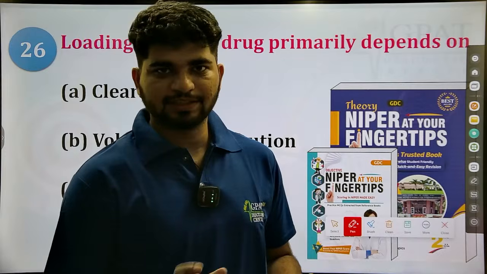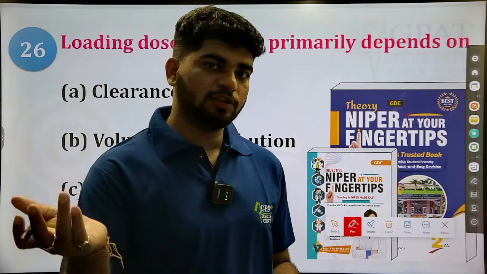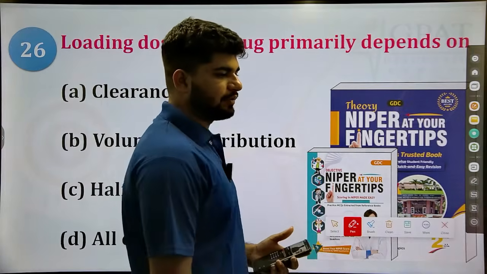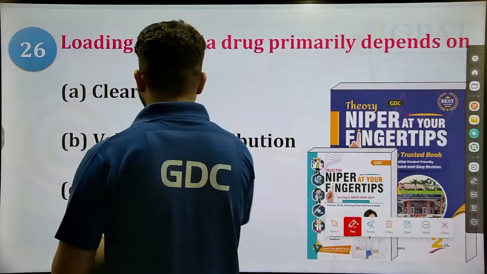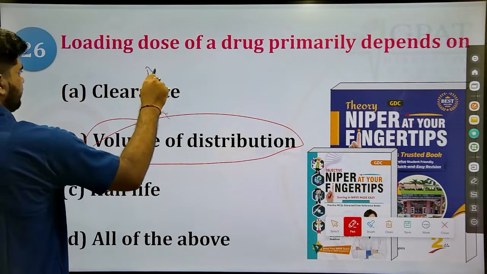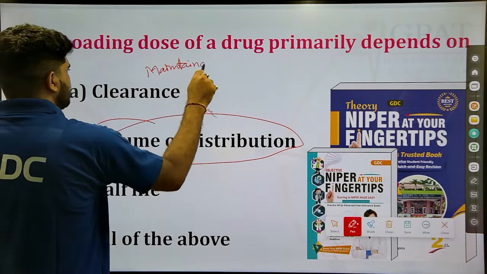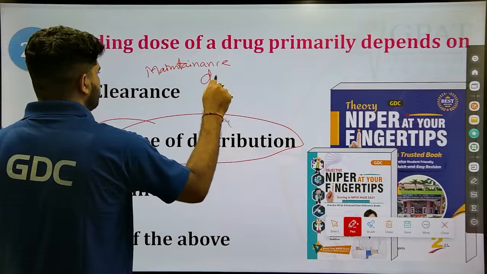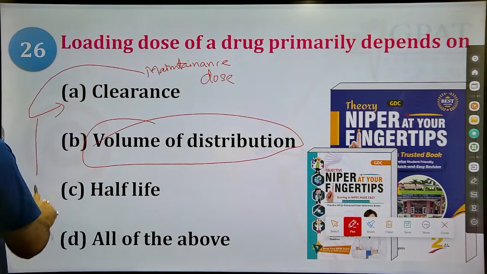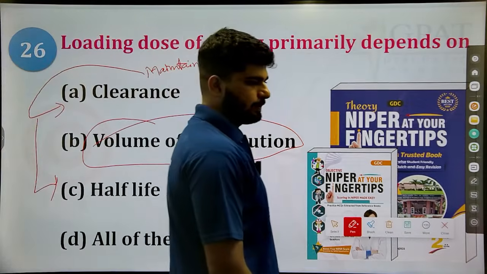If it is low, then we have to increase the dose; if it is high volume of distribution, then a low dose we have to give, right? Loading dose depends on the volume of distribution, whereas the maintenance dose is dependent on the clearance as well as half-life. Make sure you remember this one.